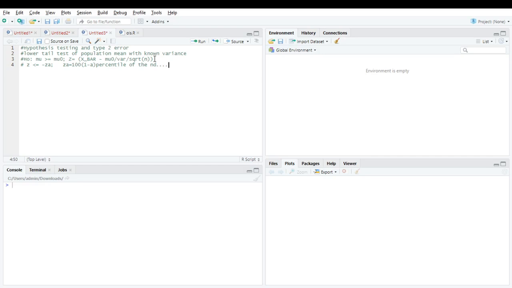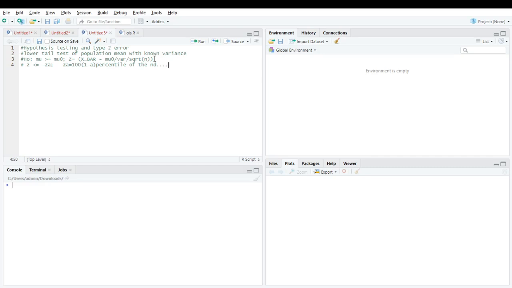If you put 5% here, it will become 95%, the za value, right? 95 percentile of the normal distribution. So z cannot be less than or equal to the minus of 95 percentile, basically in case of lower, and in case of upper it will be plus.